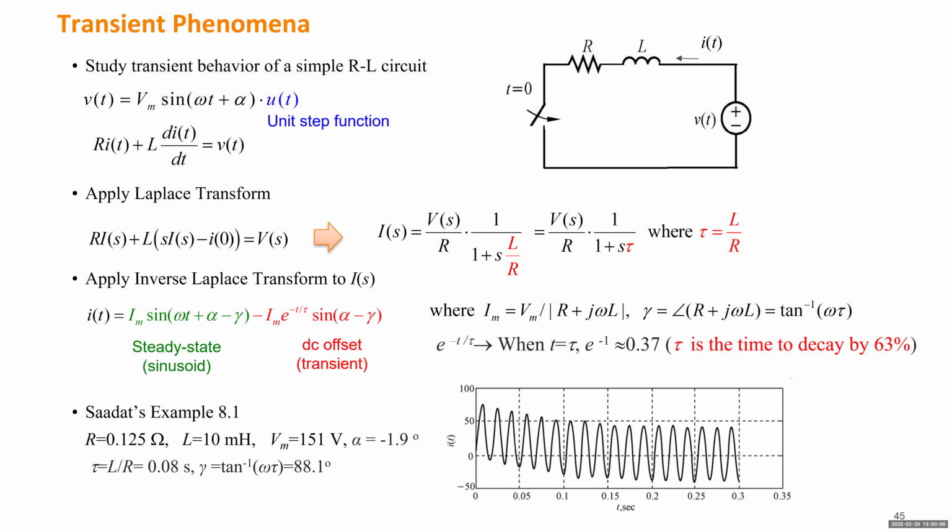And the envelope of the first part, this DC offset, is the transient dynamic. If we color them, this envelope will be the transient dynamic, which will disappear maybe after 0.1 or 0.15 second. And this magnitude will indicate the steady state value.